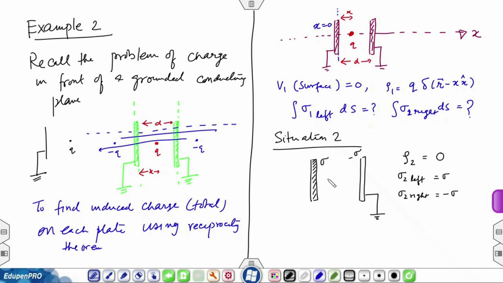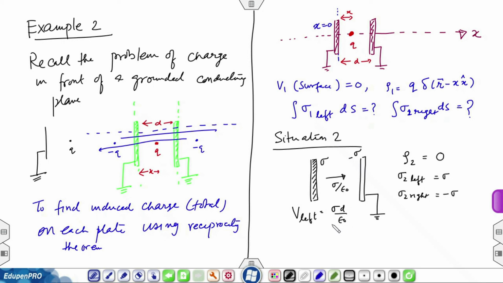This will create an E field going to the right, which will be sigma over epsilon 0, and therefore, V on the left plate on the surface is going to be sigma d over epsilon 0.